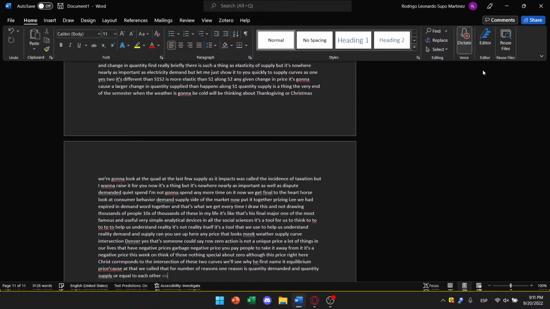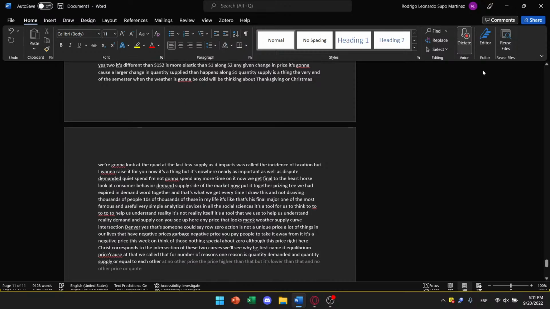At no other price, a price higher than that, a price lower than that, are quantity demanded and quantity supplied equal to each other. That's one reason we call the price where the intersection of the two curves occurs an equilibrium price.